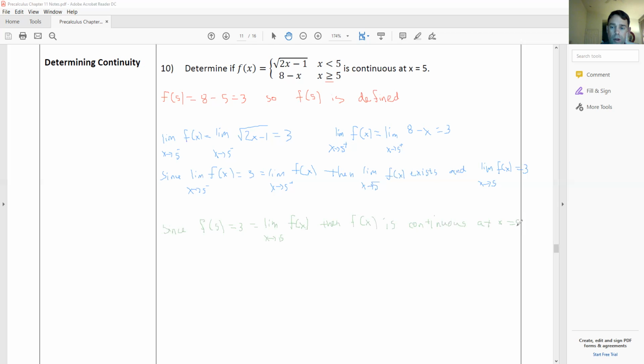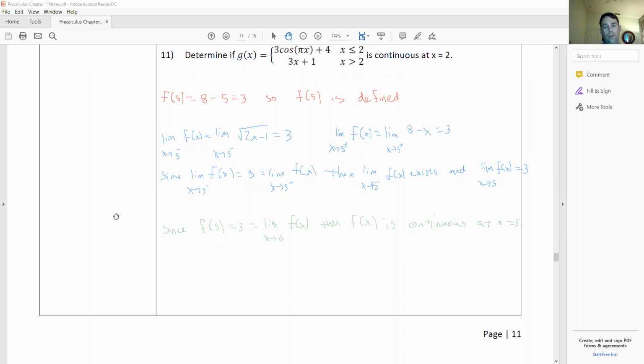So that's a little bit of writing that we have to do to prove beyond a shadow of a doubt that it actually does work. So now we've just proven that at 5, it is in fact continuous. This is the mathematical way to prove things are continuous.